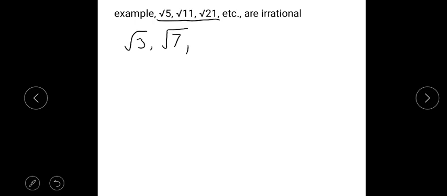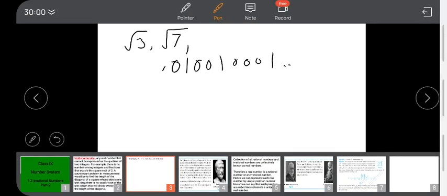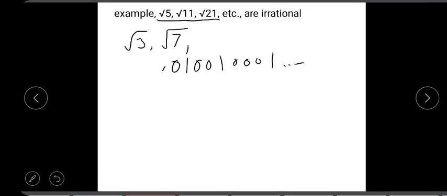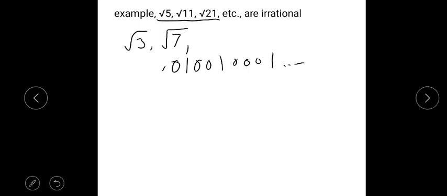Now, other than these square root numbers, numbers such as 0.01001, 0001, and so on are also called irrational numbers.